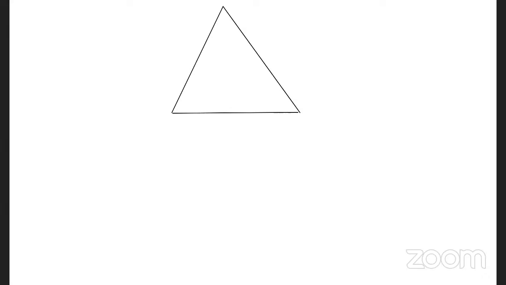Name it ABC again. A. Okay. Now, from A, I will again draw a median on BC. Okay.